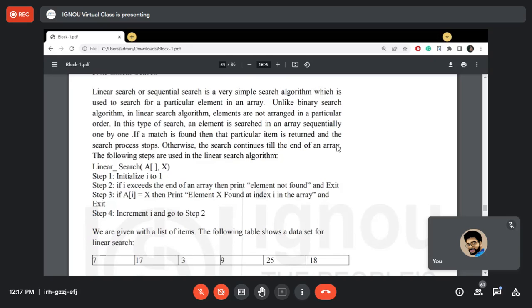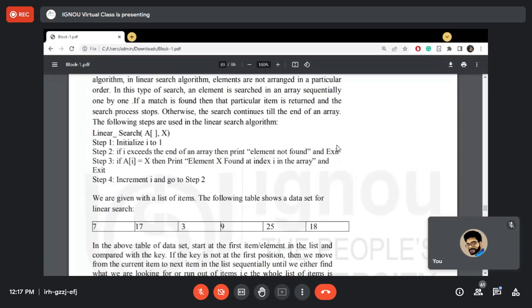If a match is found, then the particular item is returned and the search process stops. Otherwise, the search continues till the end of the array. So here is the algorithm. Initialize i to 1. If i exceeds the end of the array, then print element not found and exit. If A[i] is equal to x, then print element x found at index i in the array and exit.